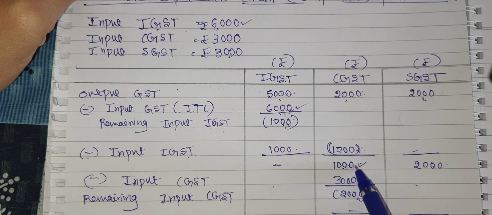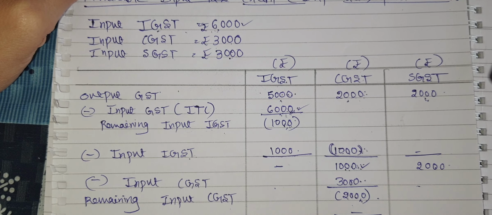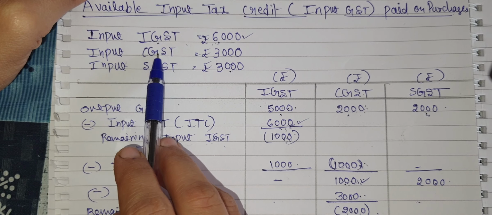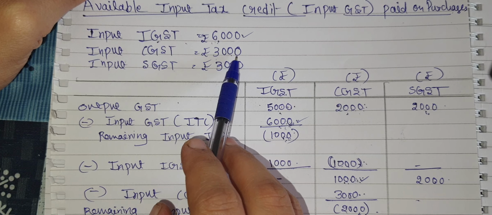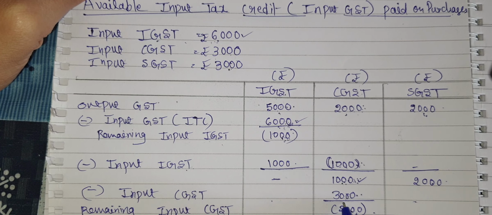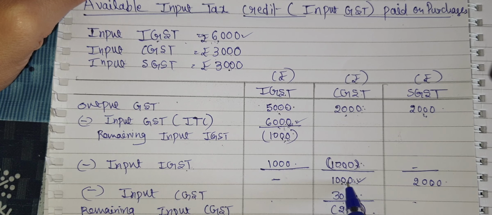Before the payment of tax to the government, we have to check whether any input CGST is available with us. See, in the problem they have given the available input CGST, that is rupees 3,000. We need to utilize this input CGST against output CGST.